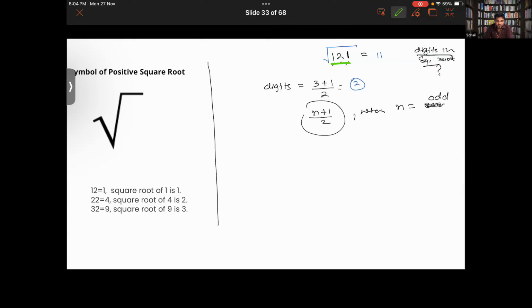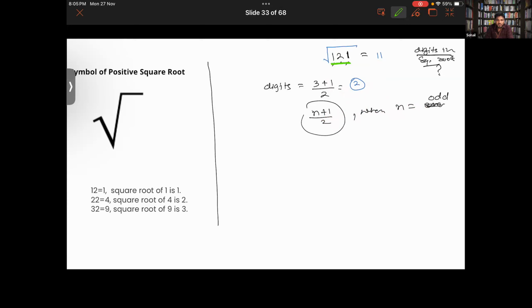Whenever you have a perfect square number like 121, I need to find how many digits are there in the square root of this number. So I will count the number of digits in the given perfect square, that is 3. I will add 1 to it, then divide by 2, so I will get 2. And by checking, I see there are 2 digits in the square root of 121, 1 and 1 namely. So this is the formula: n plus 1 upon 2 when n is odd, right?